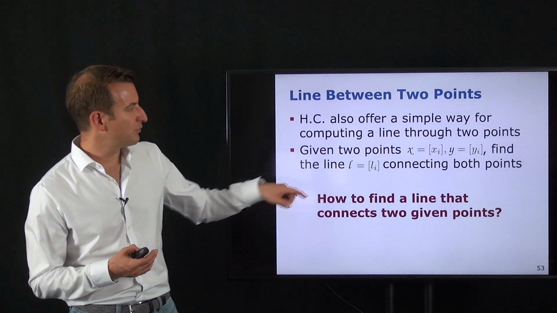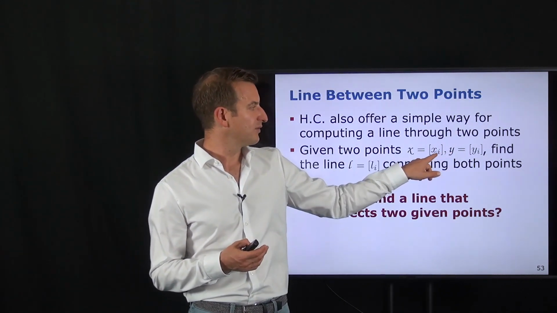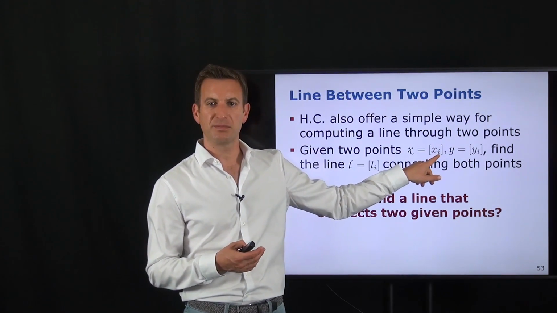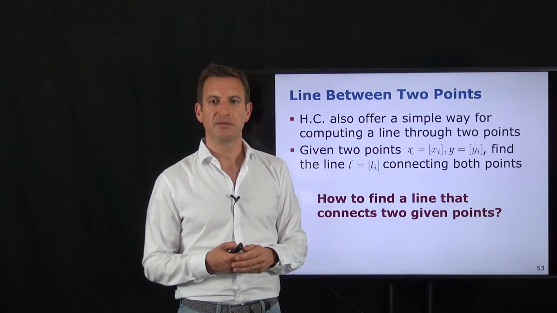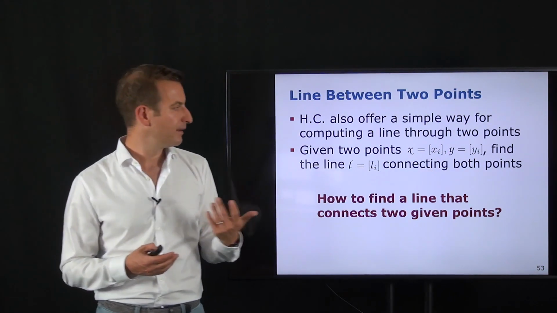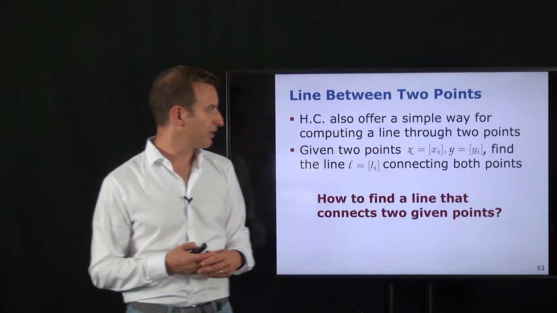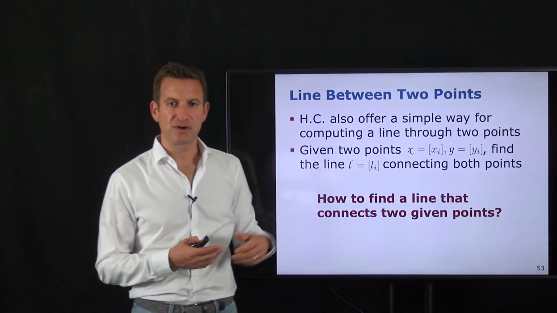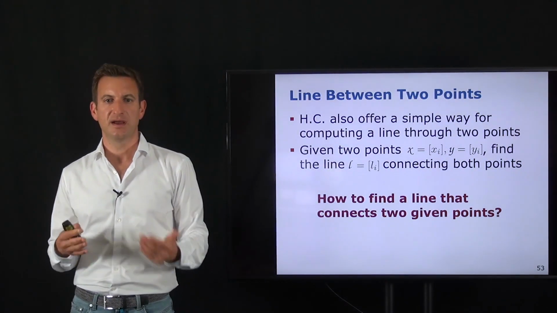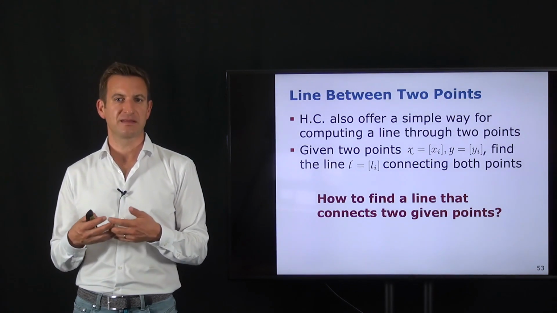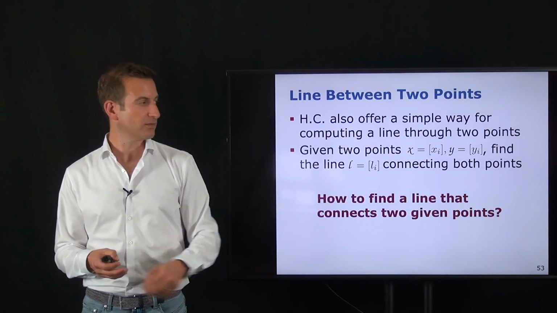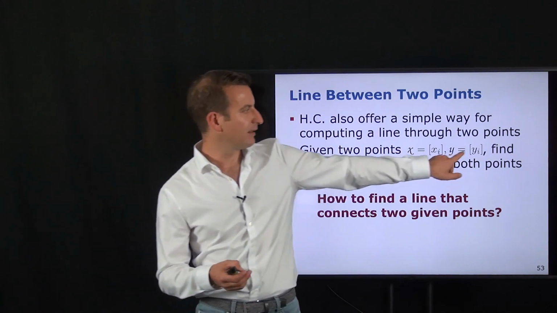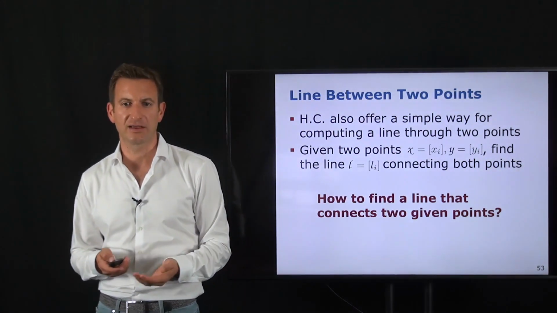So now consider we have 2 points, a point x and a point y. So xi are the 3 parameters in homogeneous coordinates of the point x, and yi the corresponding ones for y. And our line L has the parameters L1, L2, and L3. Now the question is, how can we find the line that connects those 2 points? So how to determine L so that L passes through the points x and y?